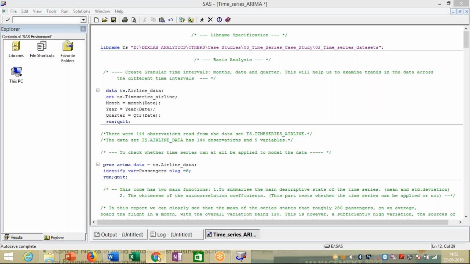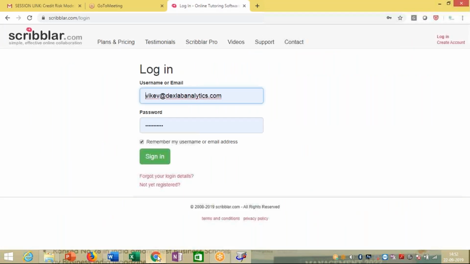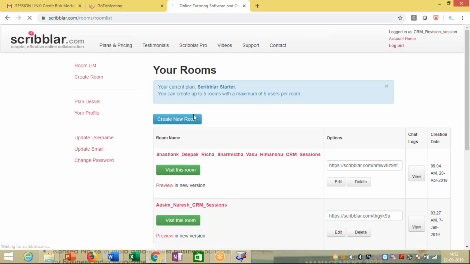Fine. So let's quickly have a look into the topics that we had discussed yesterday, and mostly what we were talking about in yesterday's discussion was the concept of stationarity.